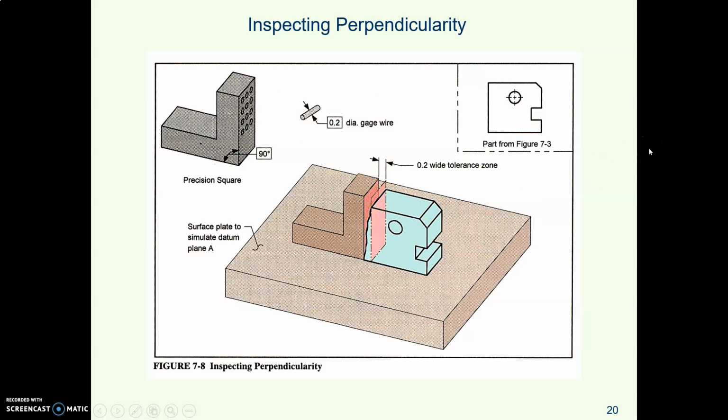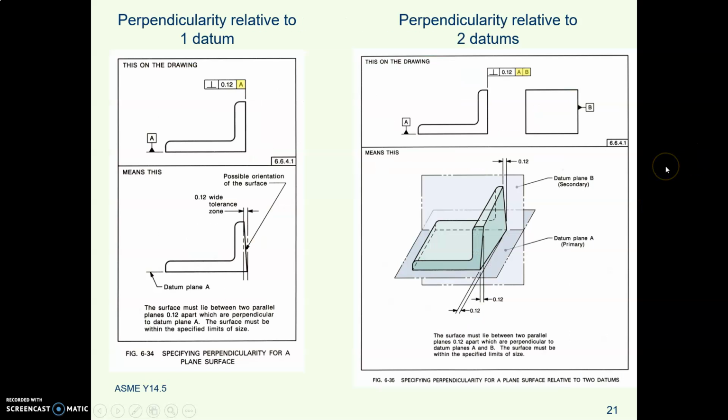It's a little bit like using feeler gauges to check, I don't know if you've ever checked spark plug gaps or distributor points with feeler gauges, little thin strips of metal. That's what this is like.